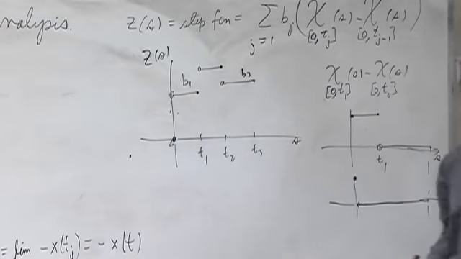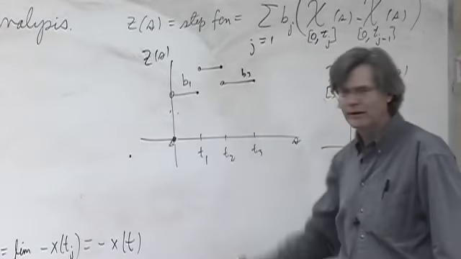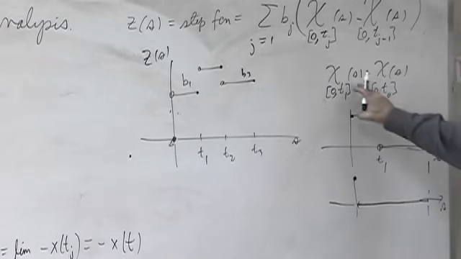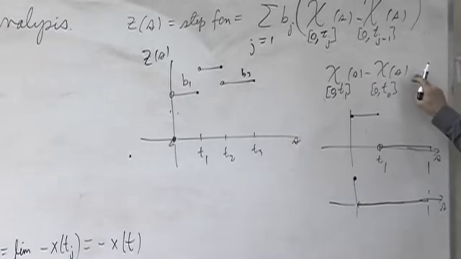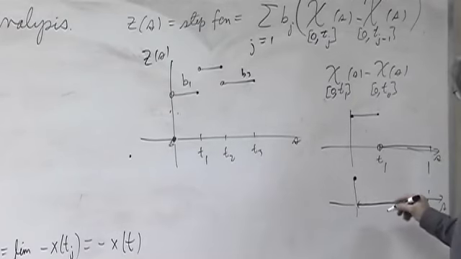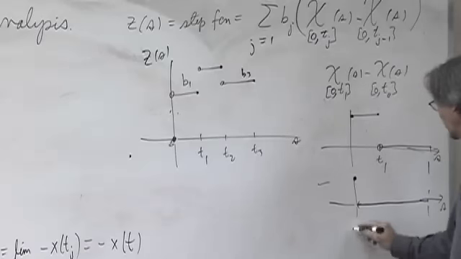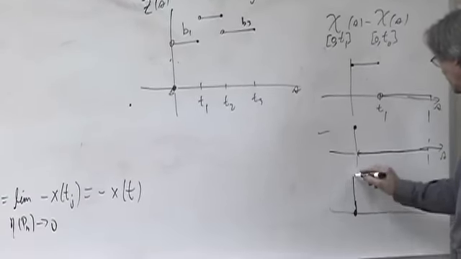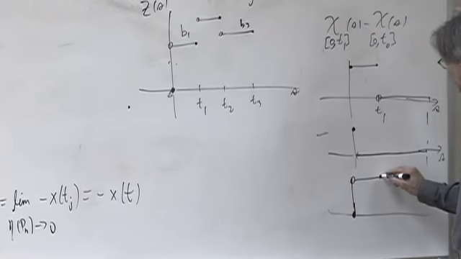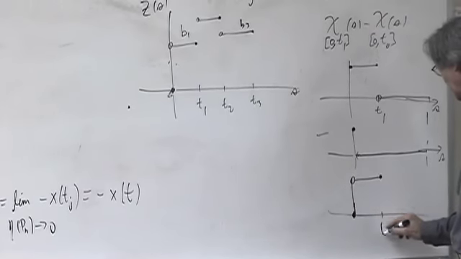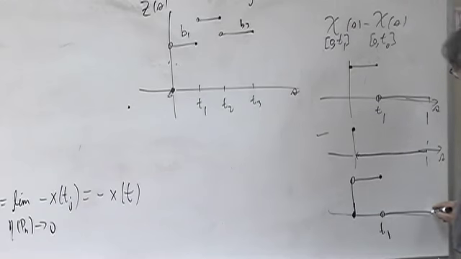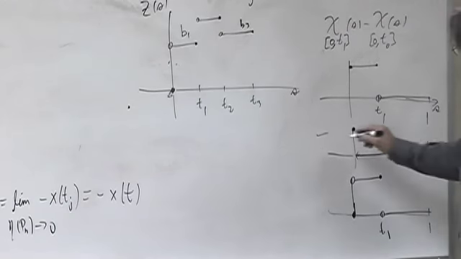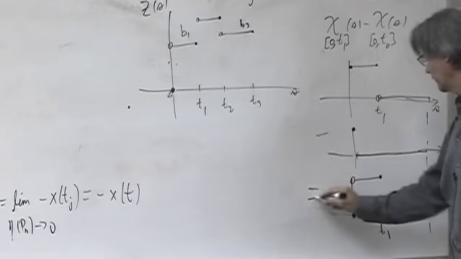So that's what the step function is going to look like. It's actually 0 here. If you look at it, because this difference is 0 at 0. The difference of the two characteristic functions gives you the function which is 0 at this point, and then it's 1 up to t_1, and then it's 0 afterwards.